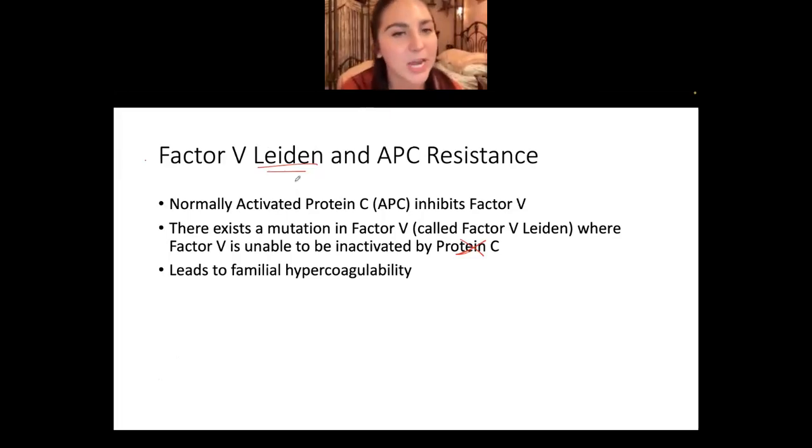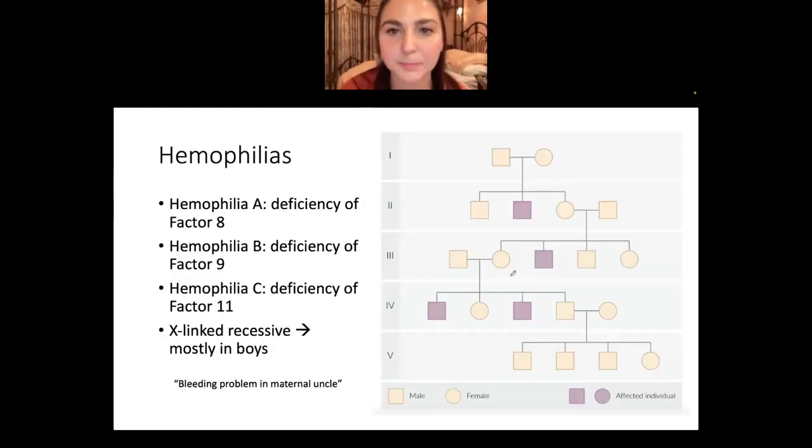I don't remember what this mutation is. You can do a quick Google search. I'll actually put this in here at the end before I upload it. But if I had to guess, I would say this is autosomal dominant, because if the dad has it, the daughter has it, the grandkid's going to have it. And then this is going to lead to a familial hypercoagulability, like I said.